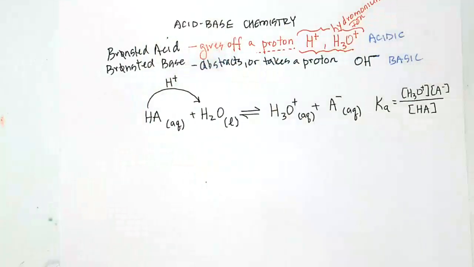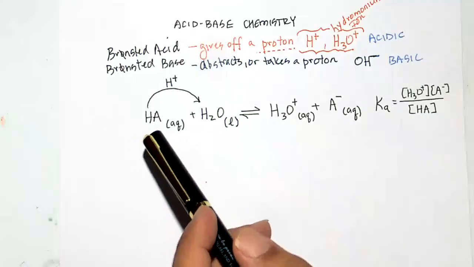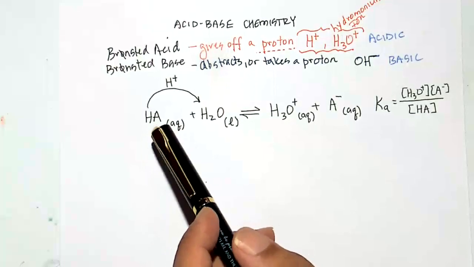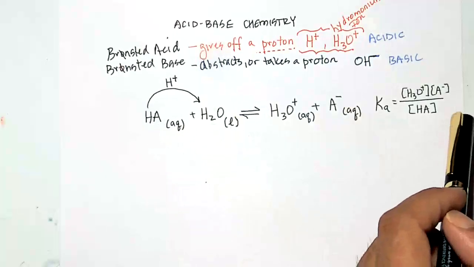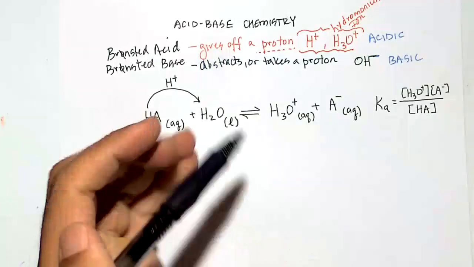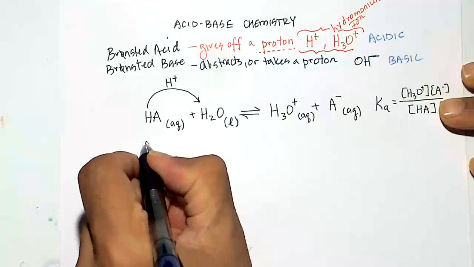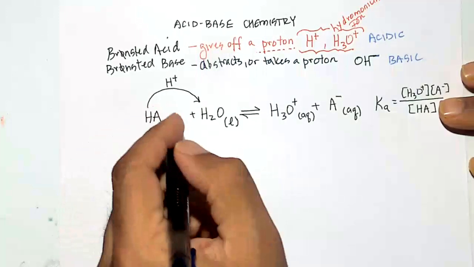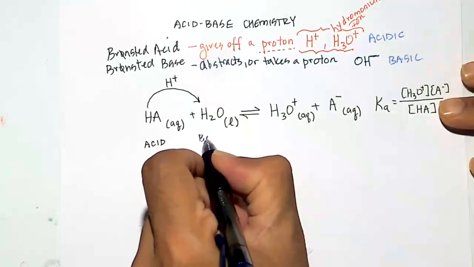I'd like for you to memorize this. This is the general formula, generic. You replace this with an actual acid, and it will do this. HA could be any acid. The H2O here is going to be a base.